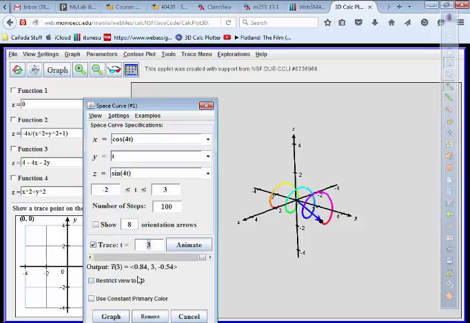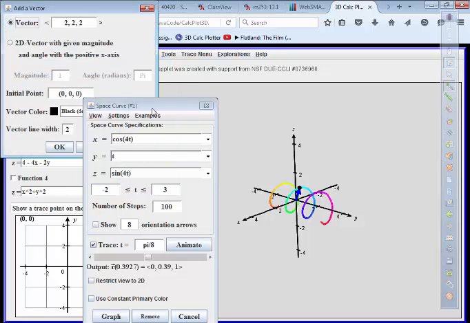So if we fix it maybe at t is equal to 0, we're at that point over here. And when t is equal to pi over 8, we're at this point up here. So, can I draw a vector?